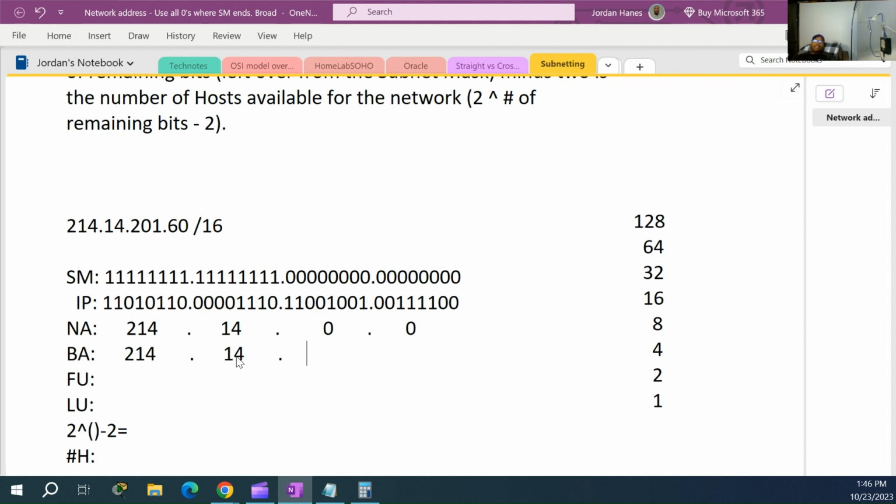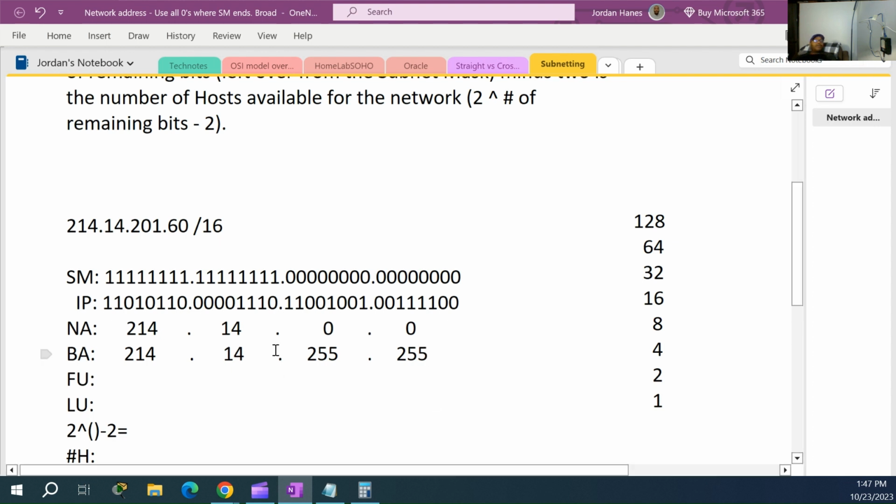And what that means is if we were to add this chart here all together, that would give us 255. Each bit would be represented by a 1. The 128 will be a 1, the 64 will be a 1, 32 will be a 1, so on and so forth. This combination equals 255. So that would be the broadcast address if we made these all ones, 255. And we're going to make the last one 255 also.